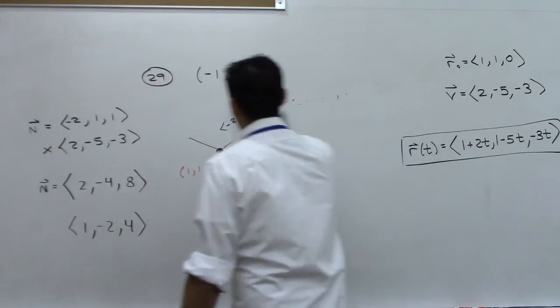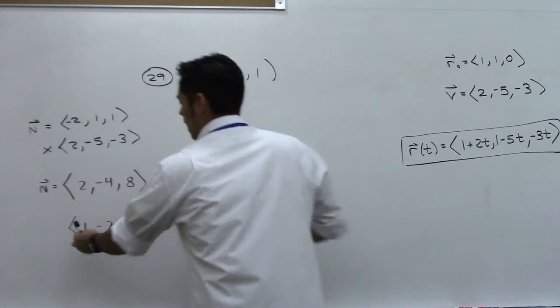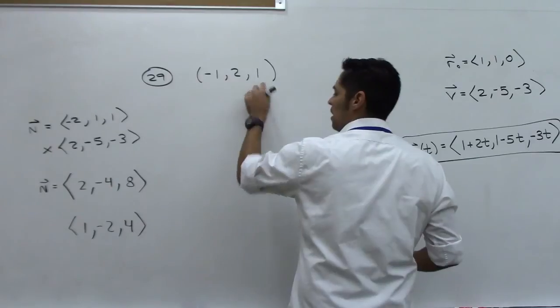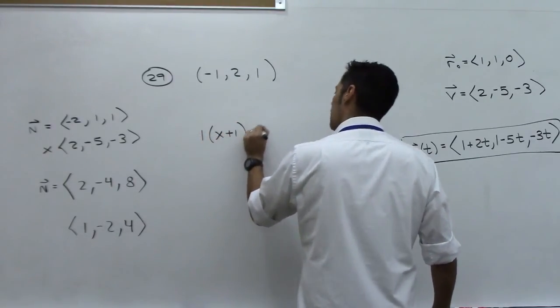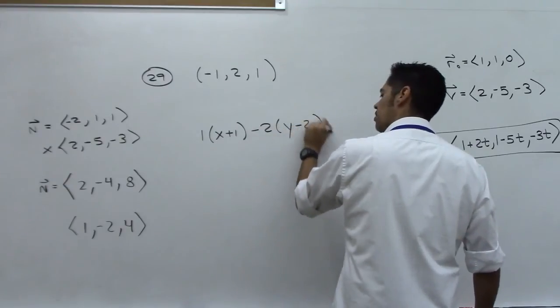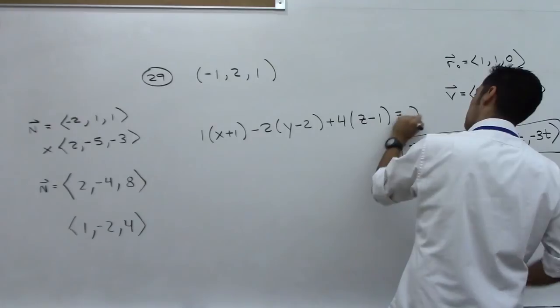So now finally, I'm ready to come up with the equation of the plane. A, B, C, x naught, y naught, z naught. So it'll be 1 times x plus 1, minus 2 times y minus 2, plus 4 times z minus 1, equals 0.